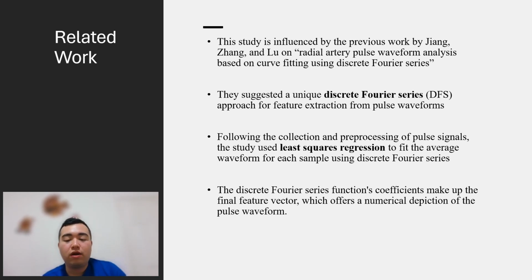They also used least squares regression to fit the average waveform for each sample using discrete Fourier series. The discrete Fourier series function coefficients make up the final feature vector, which offers a numerical depiction of the pulse waveform.